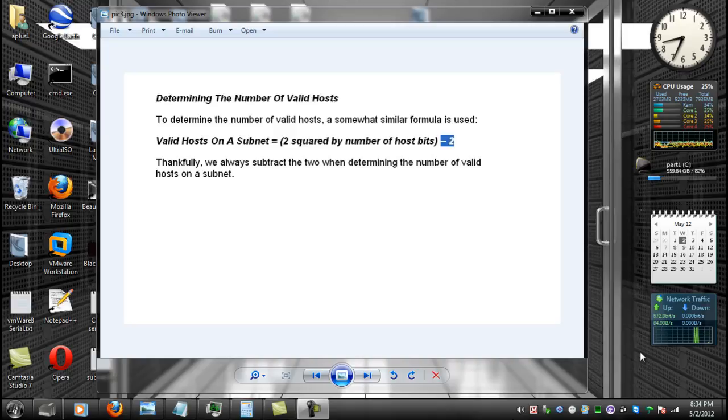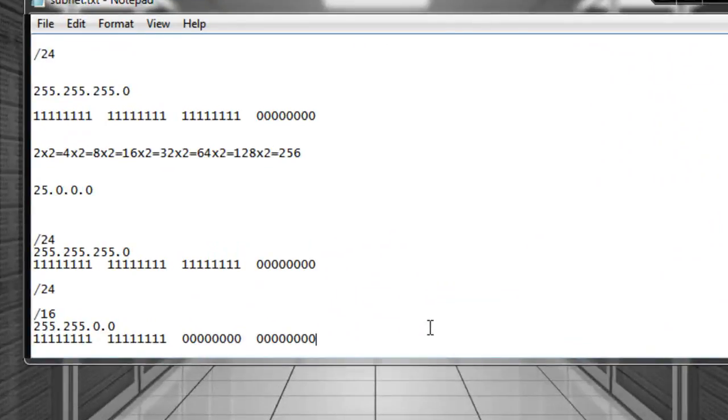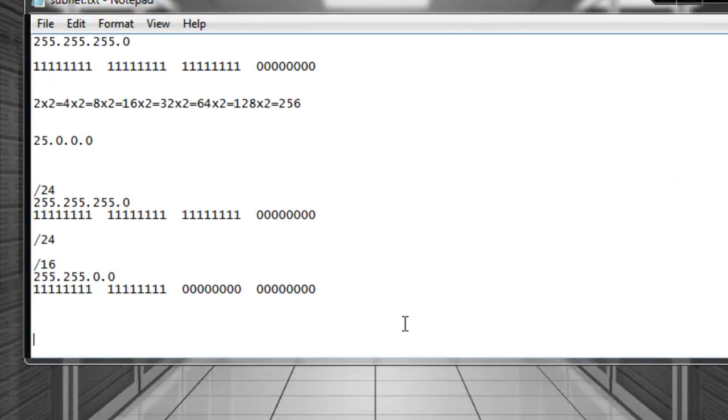Let's take a look at this: 150.50.50.0/24, given this subnet number and mask.